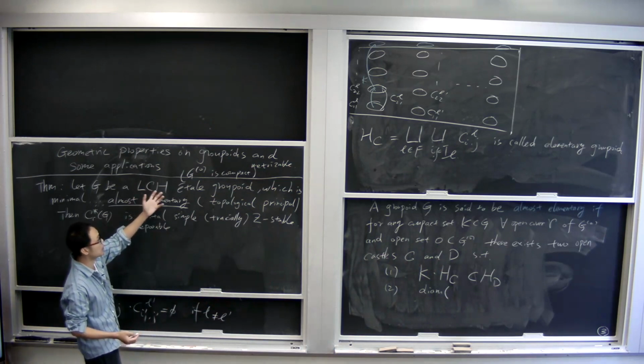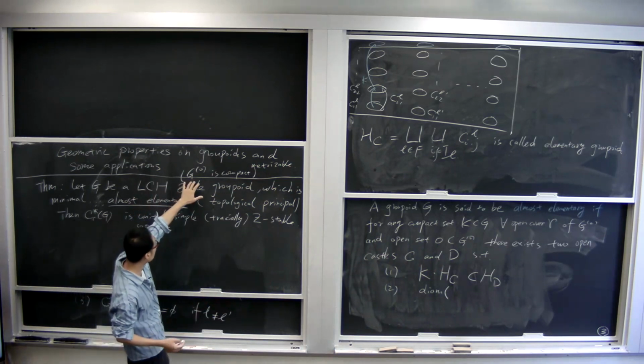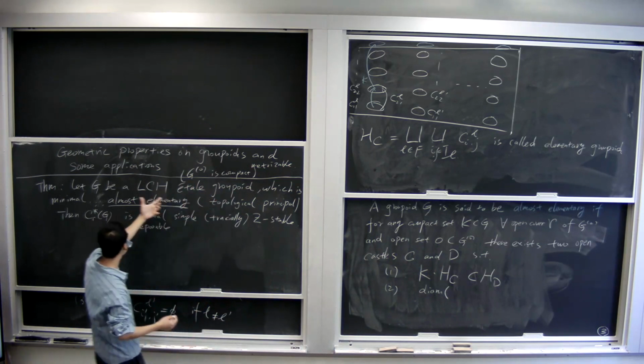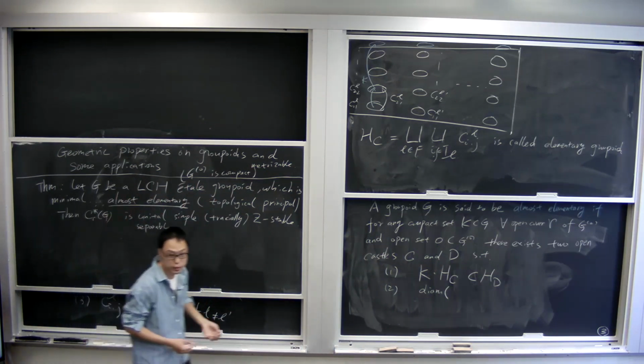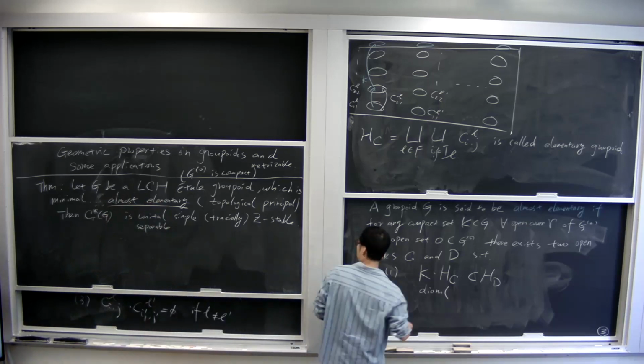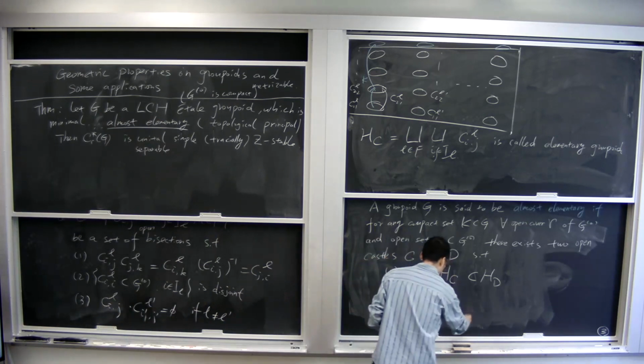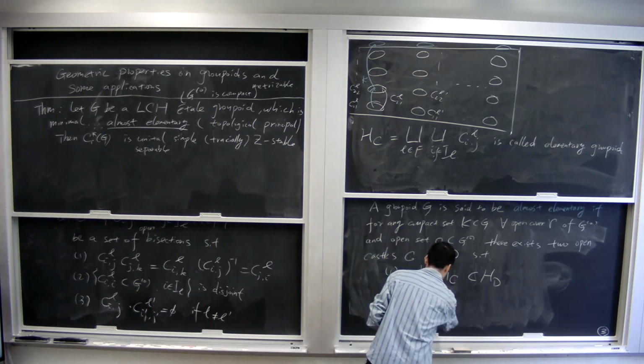Because it's locally compact Hausdorff, and your G0 is metrizable, and your groupoid is étale, this will tell you that your groupoid is indeed second countable. Anyway, what we want is that we do not use the diameter here.